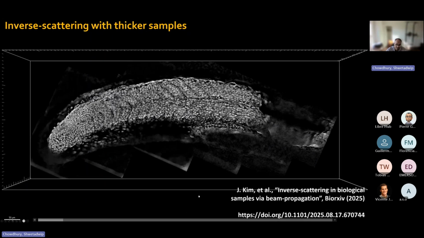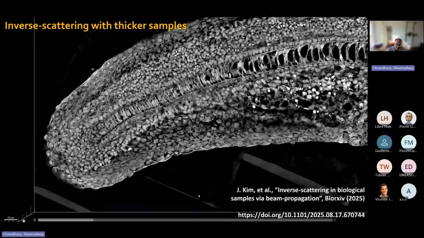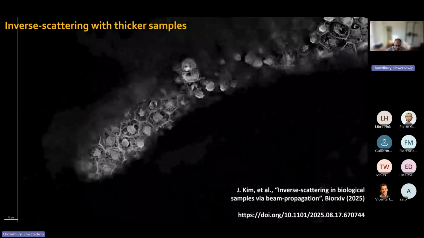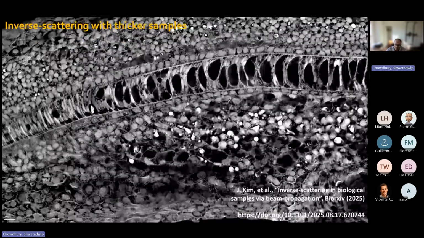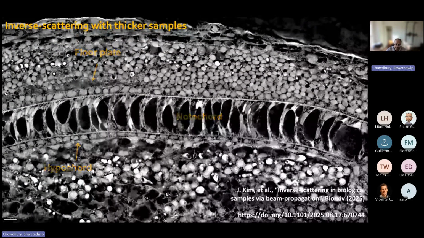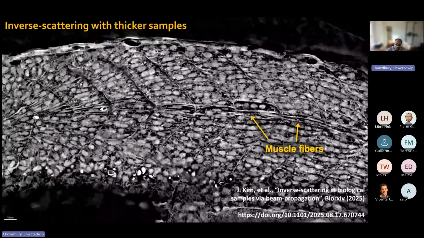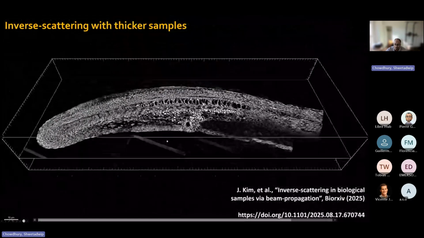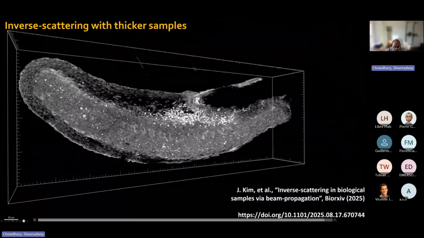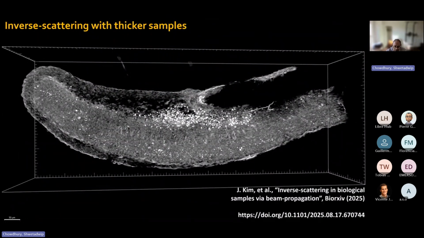We are also using zebrafish. This is a zebrafish, also around 200 microns of imaging depth. Again, we get subcellular resolution. We can see really nice structural features, the notochord, the muscle fibers, the floor plate, and so forth. Basically, this is just to show that we're trying this on a diversity of samples, and we seem to get some promising results.